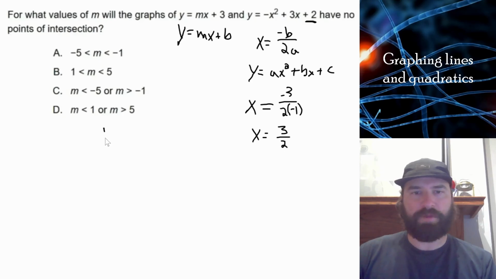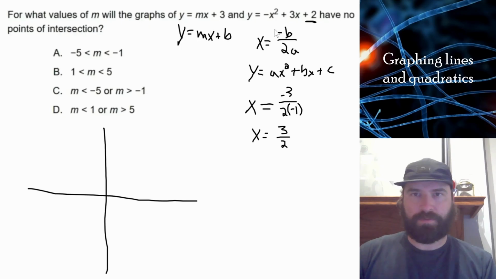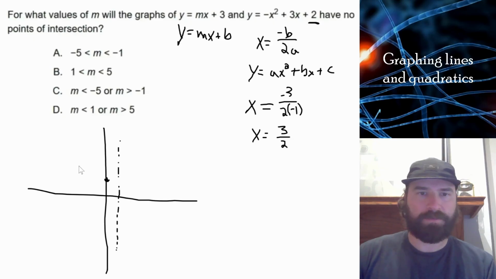So if we graph that, we know enough about this parabola to give a pretty good idea of what's going on. We know that our y-intercept is positive 2 because that's our c value in our equation here. And then we know our axis of symmetry is x equals 3 over 2. So I'm going to draw a dotted line right here. So this point is 0, 2.